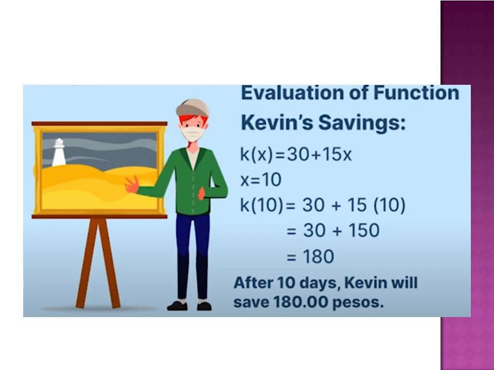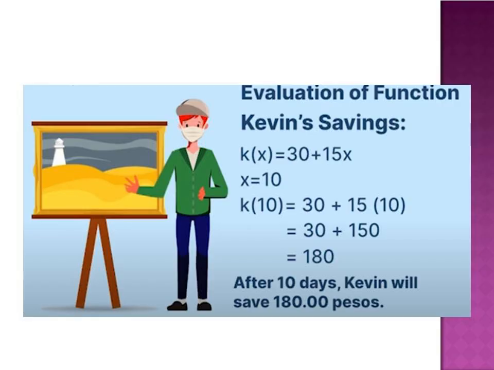Suppose we want to know Kevin's savings after 10 days. We simply take 10 as the value of our x, or our input, and we will use that in our process, or in place of x in our function. So we will have K of 10 equals 30 plus 15 times 10.